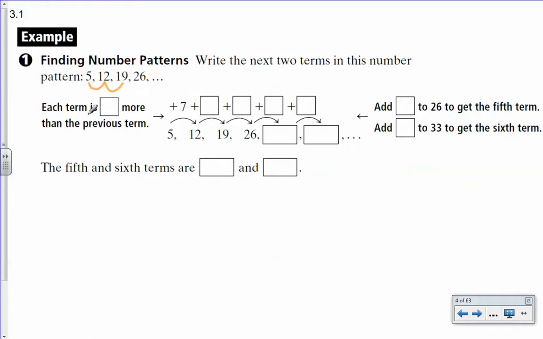I see that it does. So each term is 7 more than the previous term, which means I'm adding 7 each time. 26 plus 7 is 33. 33 plus 7 is 40. Again, each time I am adding 7 to get my next term. So the fifth and sixth terms are 33 and 40.